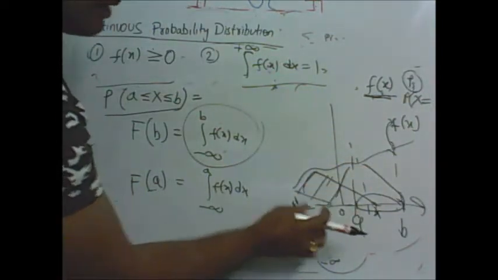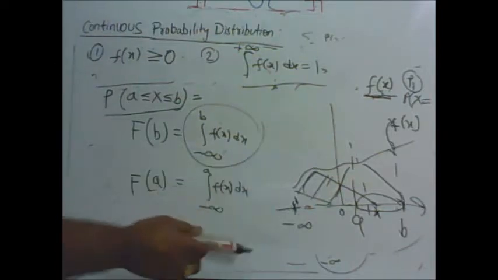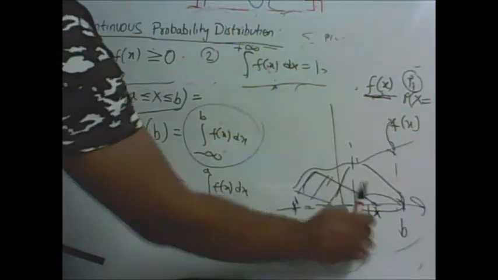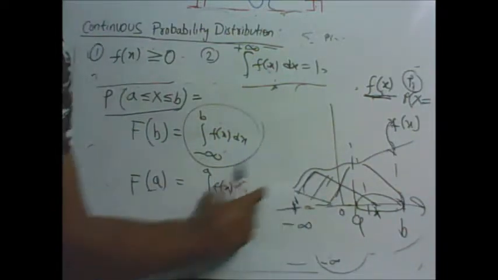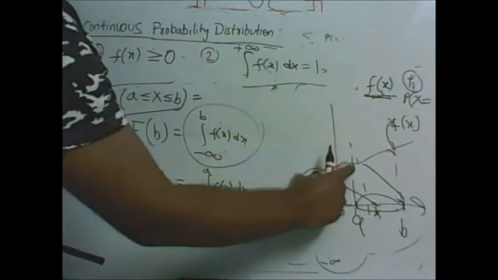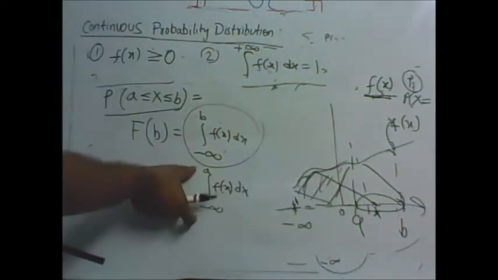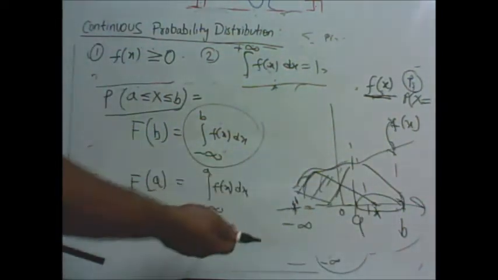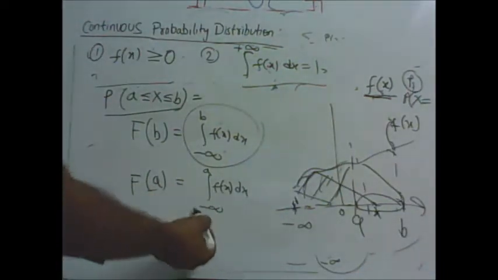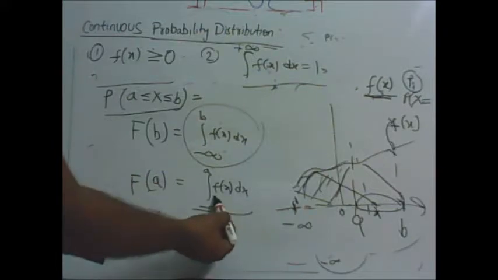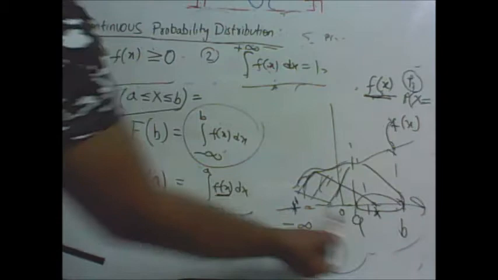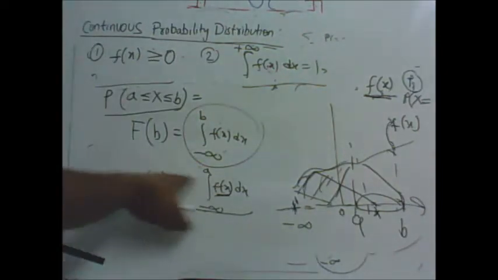The probability that the random variable takes values between minus infinity and a is given by the area under the small f of x curve between minus infinity and a. Calculus says that the area under this function between these limits is given by this total function.